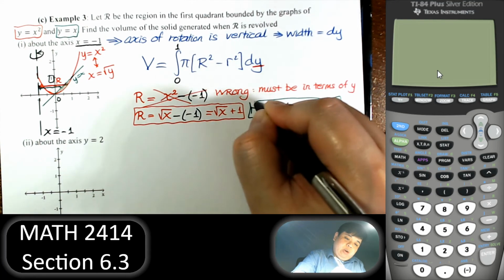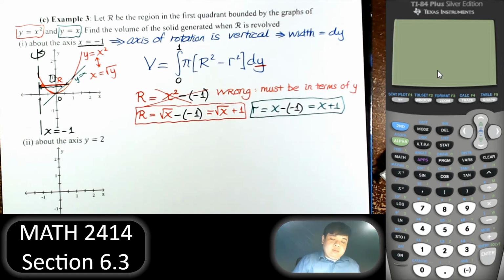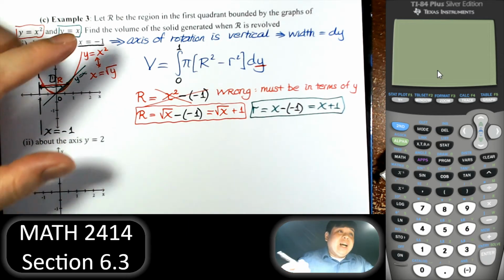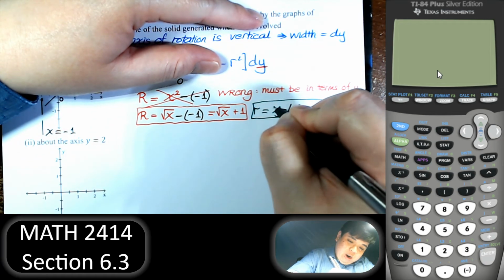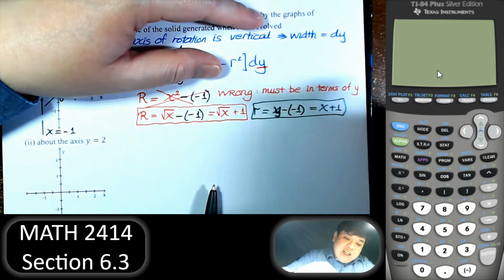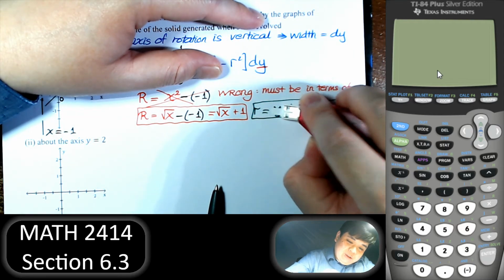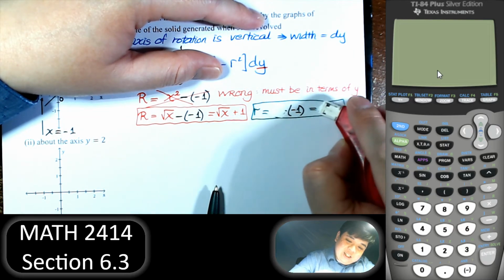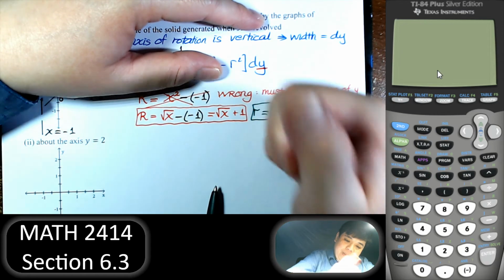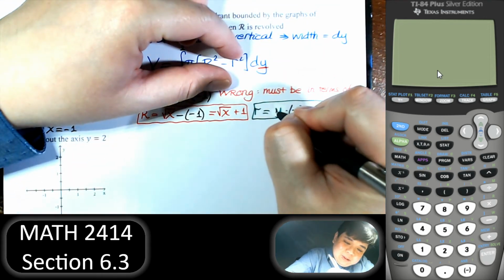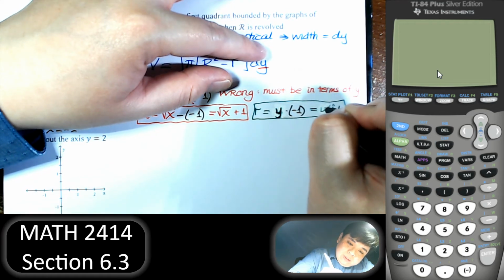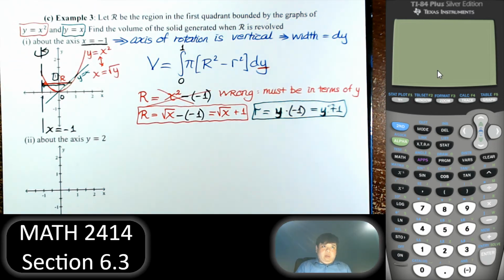That is the small radius. Luckily, y equals x, so x equals y. Remember, everything has to be in terms of y. This is simple enough because x is y. So once again, it has to be in terms of y.